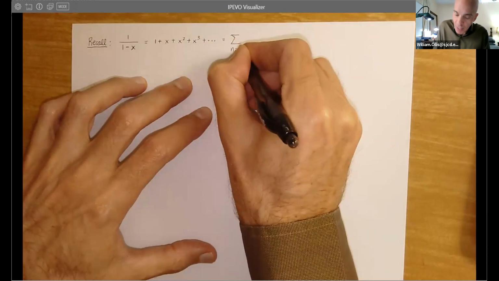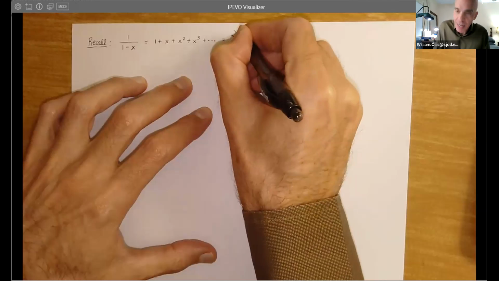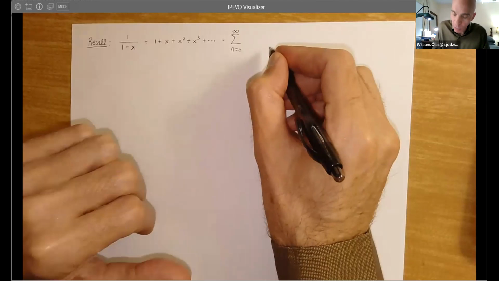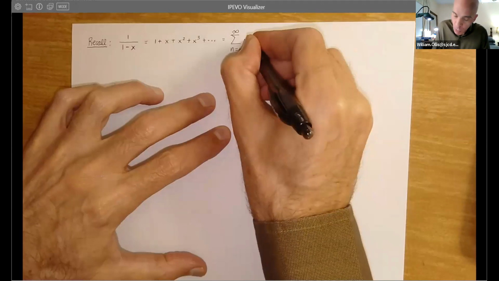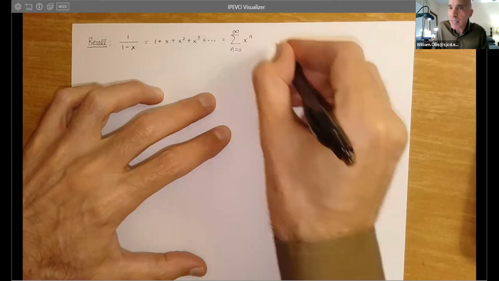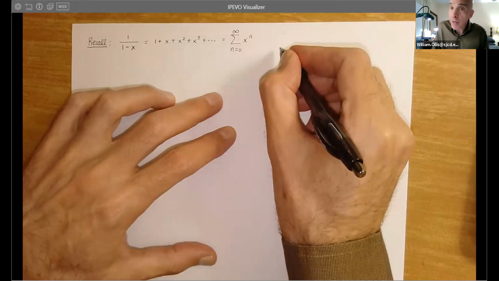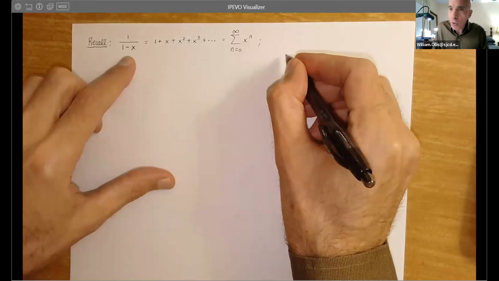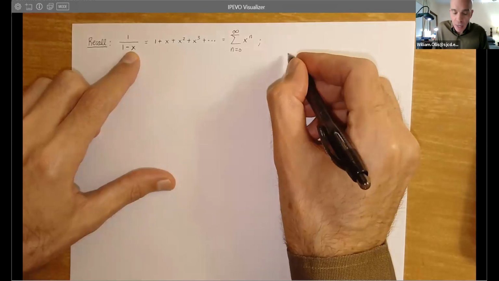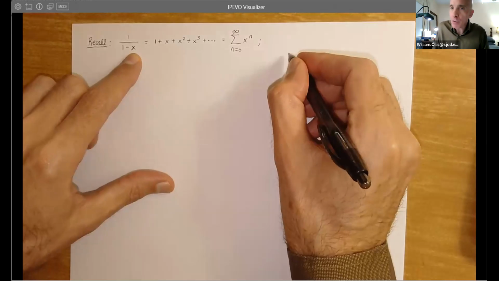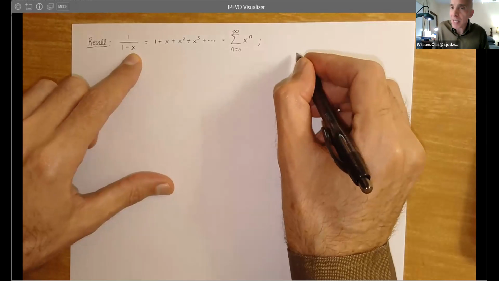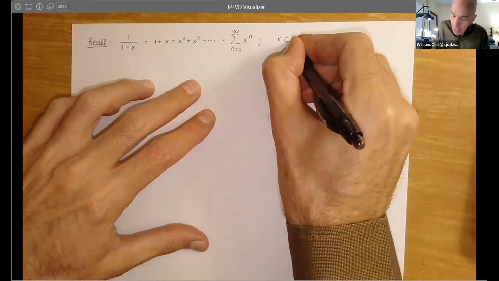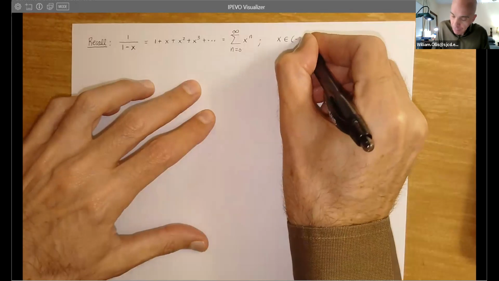Again, I'm reviewing this because these are important series that come up over and over again, and we want to capitalize on them. So this would be one that we could put in a list or a variation of this. And then, of course, for the convergence theory, we knew that the absolute value of r must be less than 1. So we would say for convergence, we would have this.